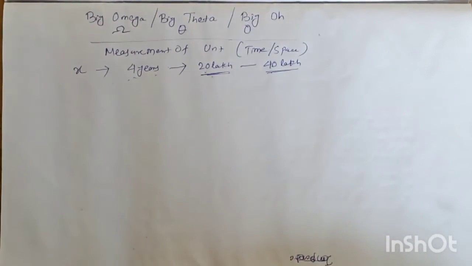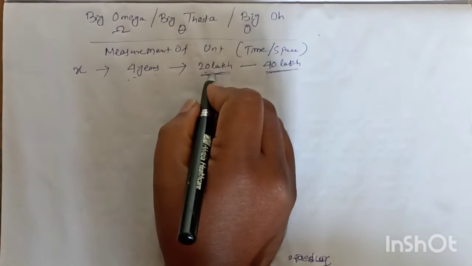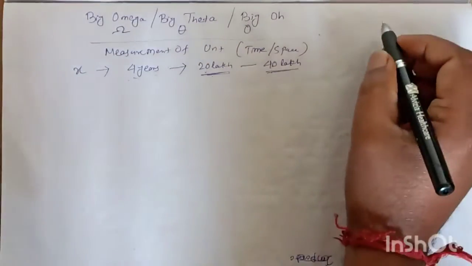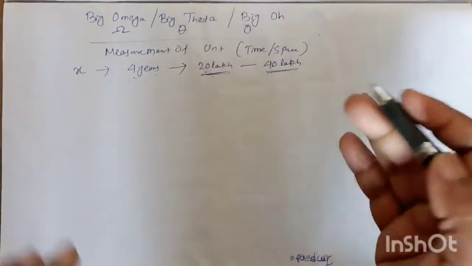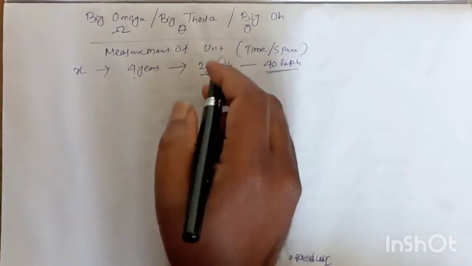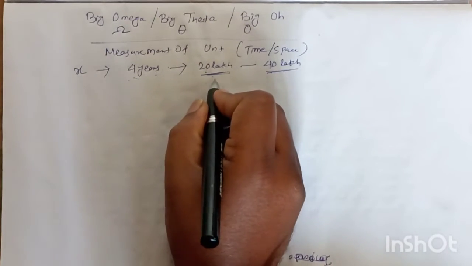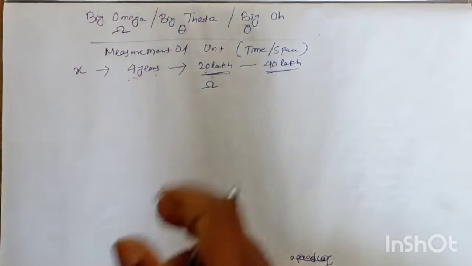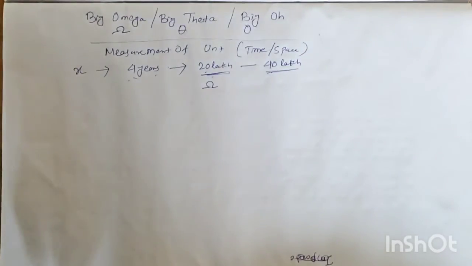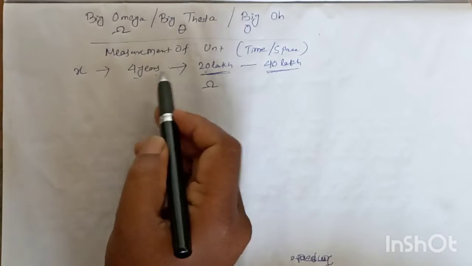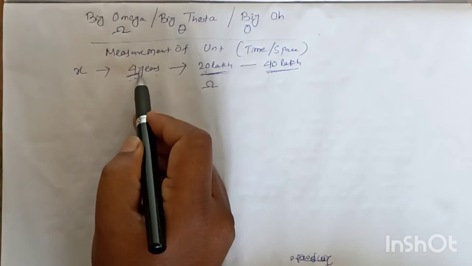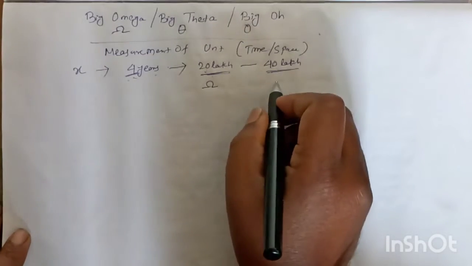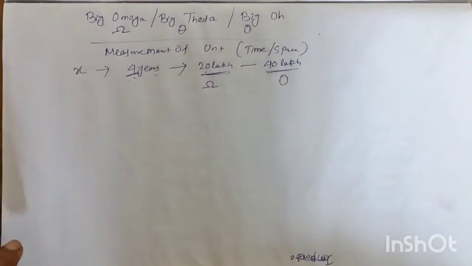From the company point of view, let's not think about the candidate point of view, this is the lower bound or a minimum salary the company is giving. So this one can be represented with omega. And the worst case scenario for the company is to pay 40 lakh, which is 10 times the years of experience. So here we will say it is big O, worst case scenario.